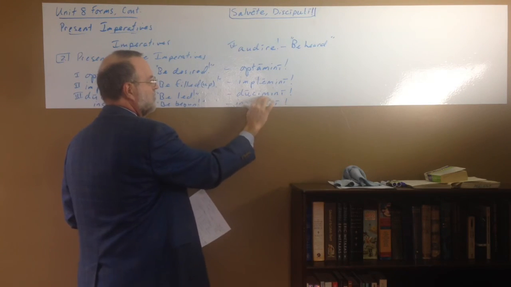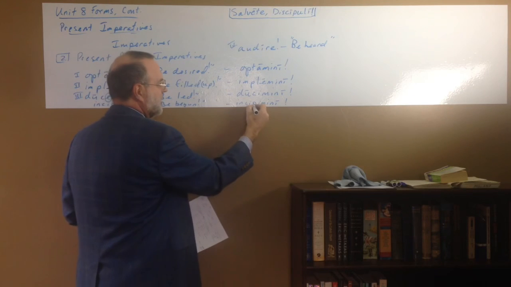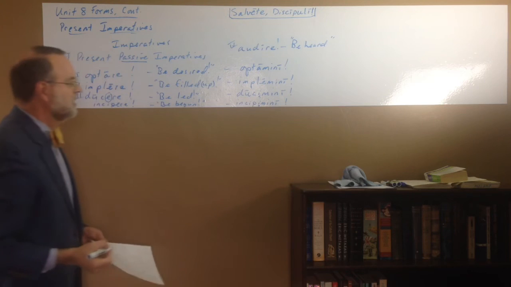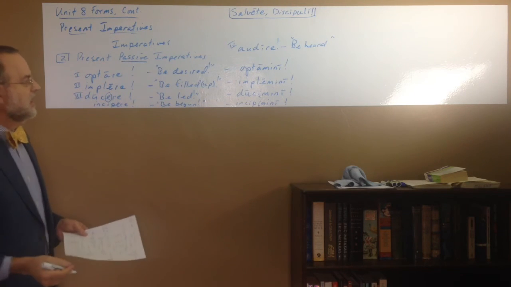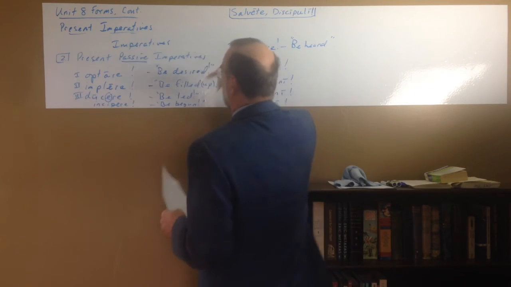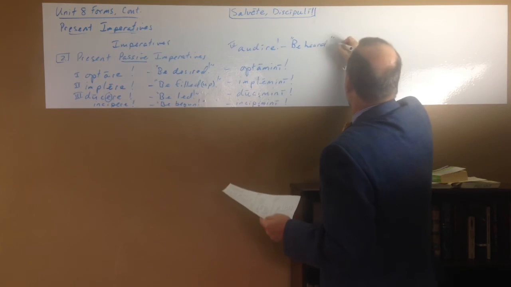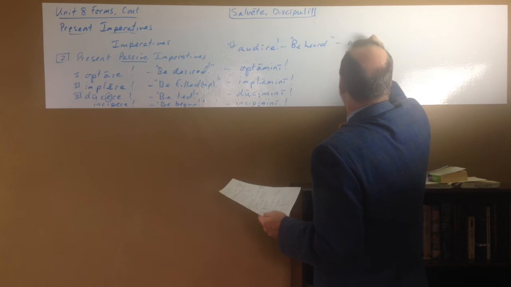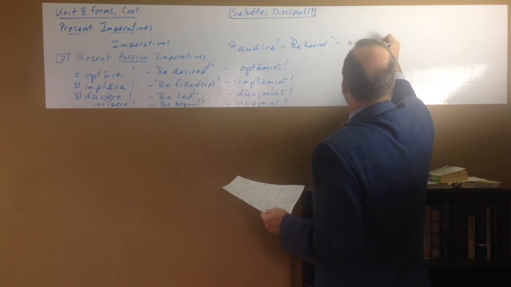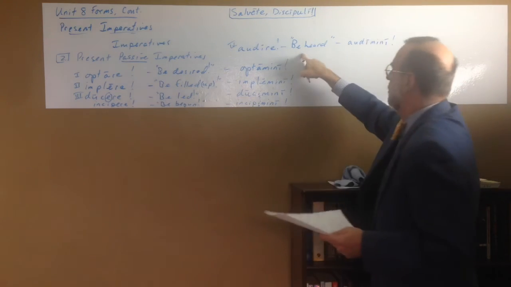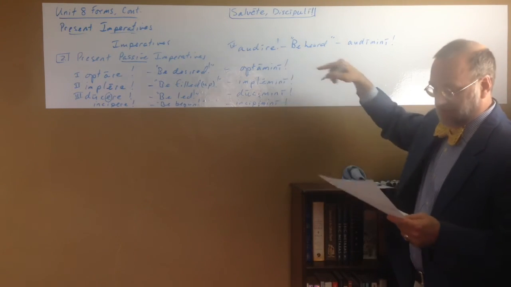Okay, but when you get an IO form, incipimini, you often get that extra vowel. Okay, but you have that stem vowel mutation there that you have to worry about. Okay, so third and third IO, and then fourth conjugation, that's going to look like audimini. Okay. You plural, be heard.